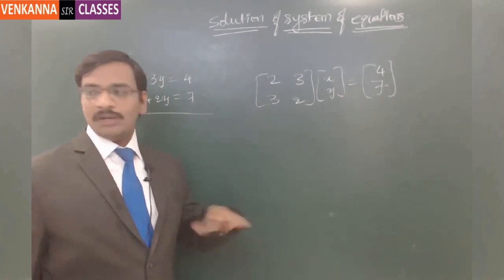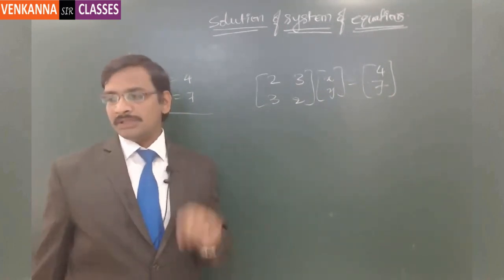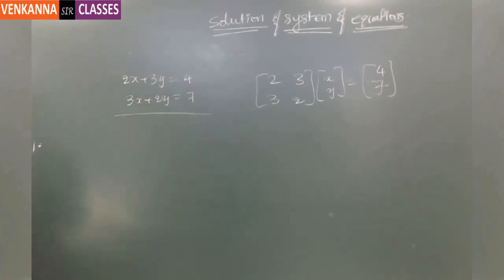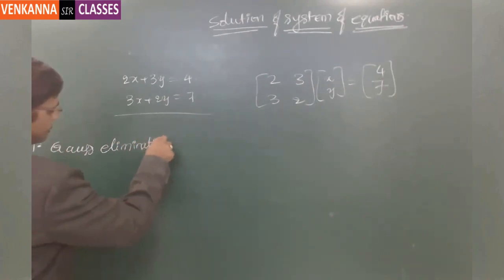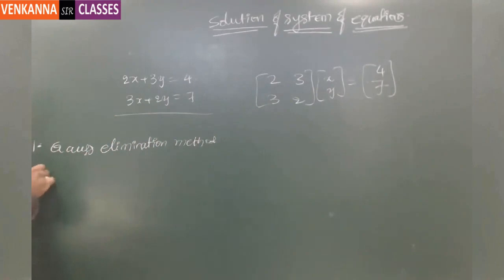But coming to the numerical methods, what are we going to adopt? There are three popular methods available for us. The first method is the Gauss elimination method. The second one is the Gauss-Jordan method.